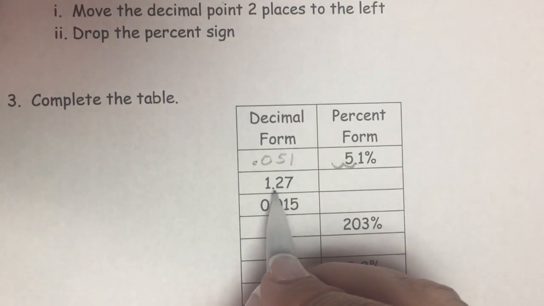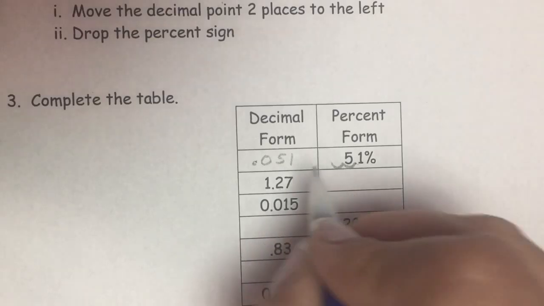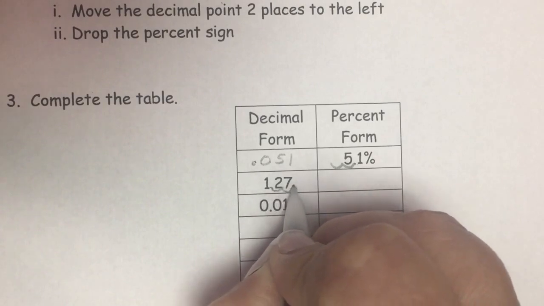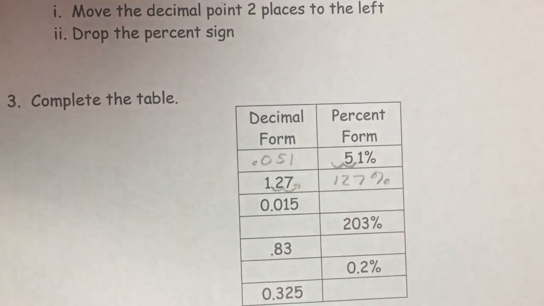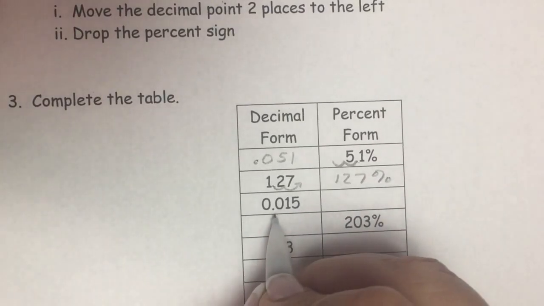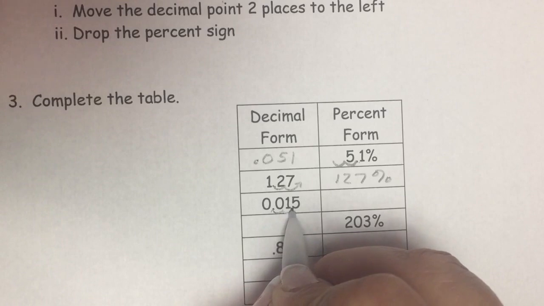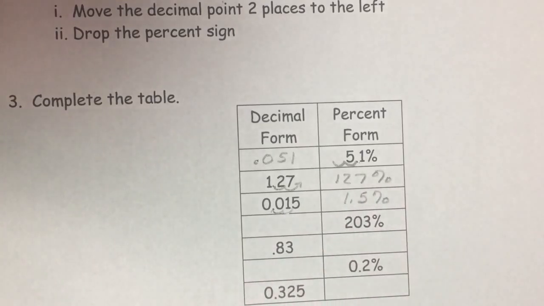If I want to change 1.27, that's in decimal form, to a percent, now I move my decimal 2 places to the right. That's 127, and I add the percent sign. If I do this one, 0.015, move my decimal 2 places to the right. That is 1.5%.